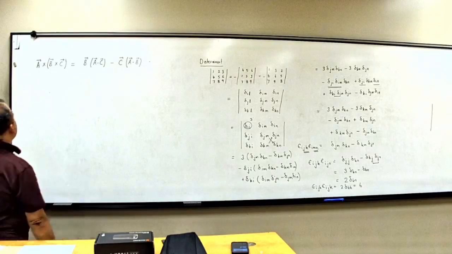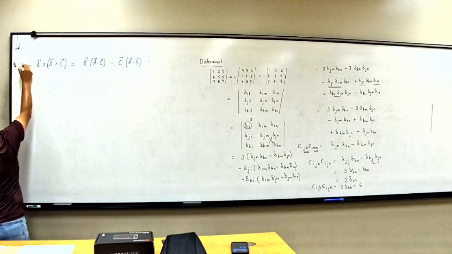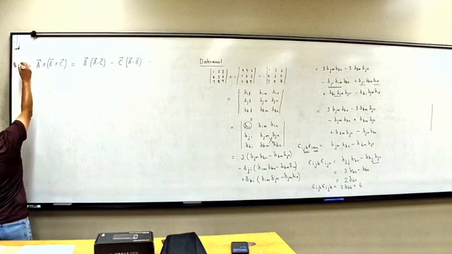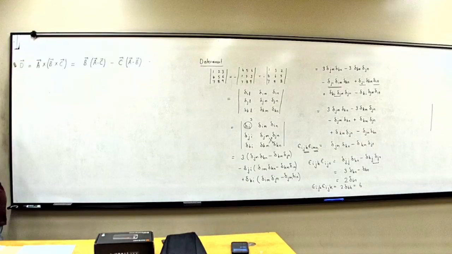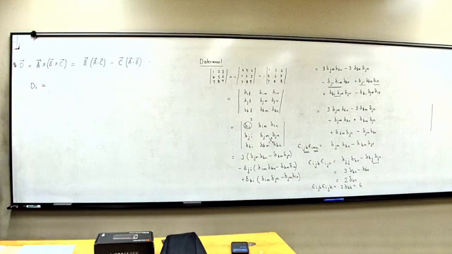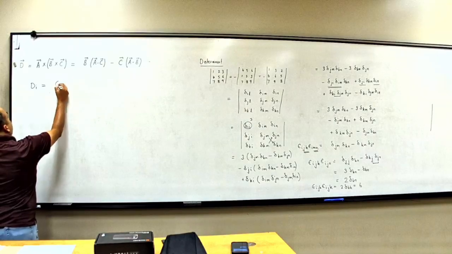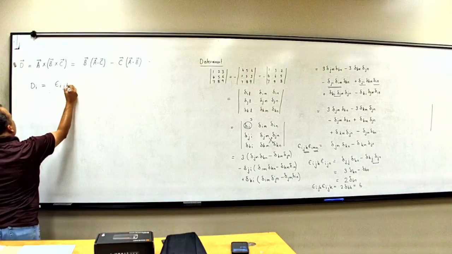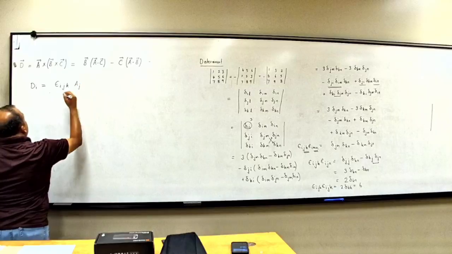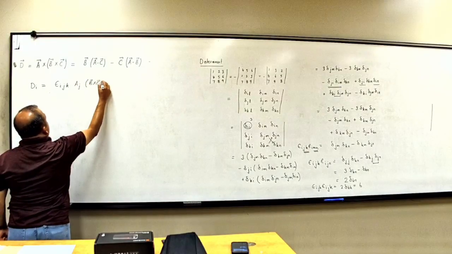So we can derive that. Let's say this is D, right? How many indices will this have? If I'm to write that, that's a vector, so it will have 1 index. So I start with D i. That will be equal to, so this is a cross product between 2 vectors, so I write that as epsilon ijk aj times the kth component of b cross c.